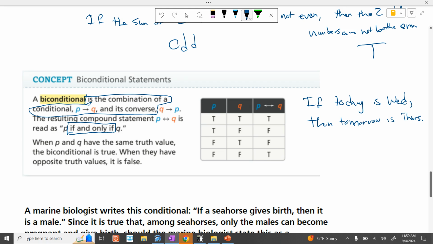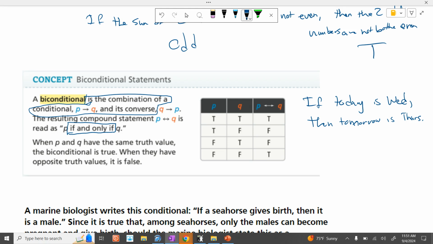Okay, if today is Wednesday, then tomorrow is Thursday. Now, this only works if it's written this way and is true, and the converse is true. So the converse of this would say, if tomorrow is Thursday, then today is Wednesday. That's a true statement, right? And the statement, if today is Wednesday, then tomorrow is Thursday, is a true statement.